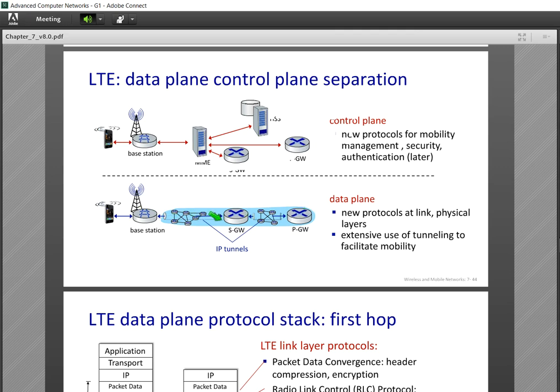We should create a tunnel between source and destination. And creating that tunnel is not easy. Please be clear about this. Please note that creating that tunnel between the source and destination over the backbone of LTE is not easy. Why?